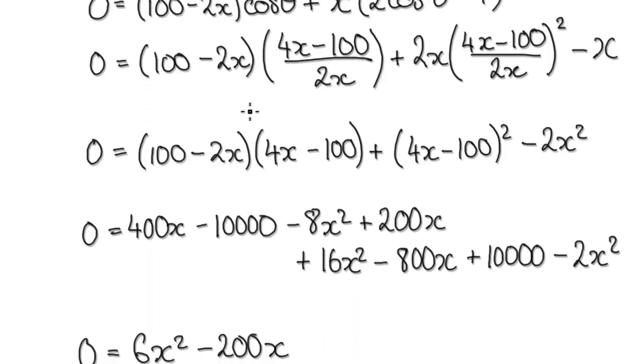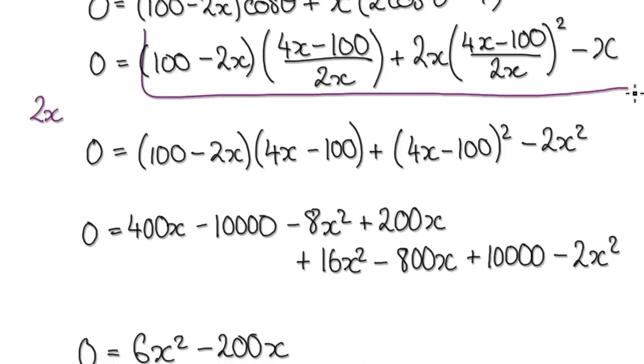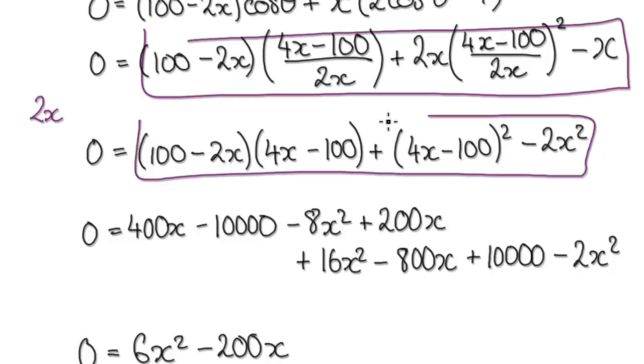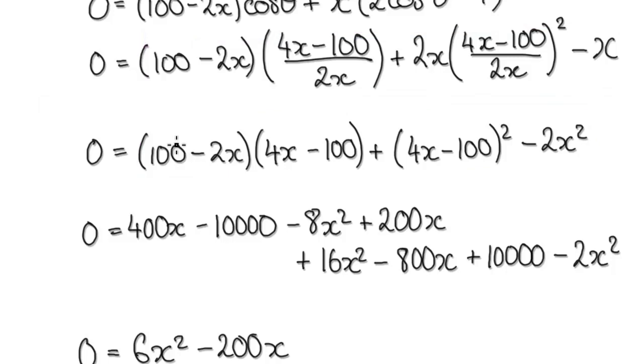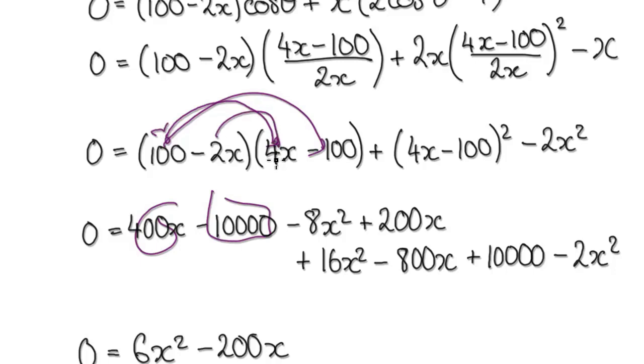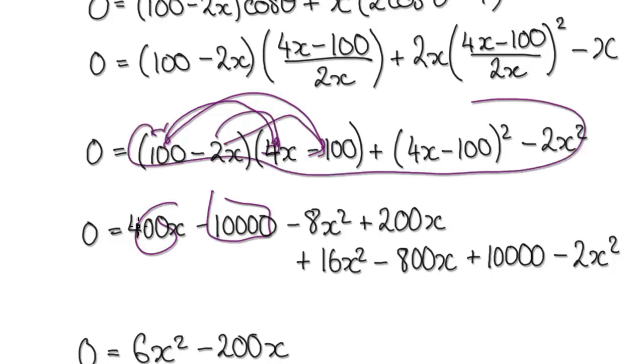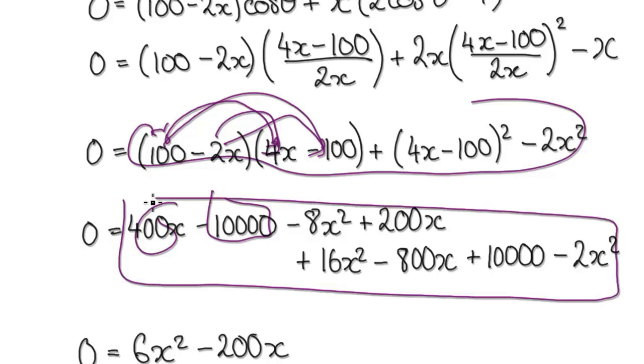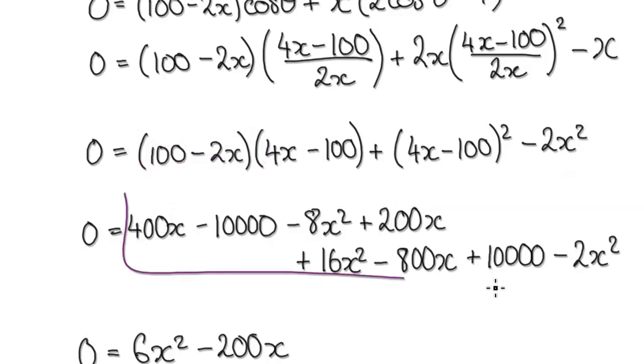Multiply everything by 2x, so that this whole thing here will then become this thing here, and then multiply this out. This times this, that will then give us this. This times this, that will then give us this. This times it, and so on. This whole thing here will then become this, and then tidy this whole thing up.